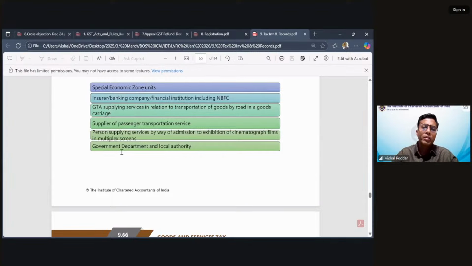So these are the people who are excluded from generating e-invoice. Other than these, all others whose turnover exceeds 5 crores in any of the financial years have to compulsorily generate e-invoice.